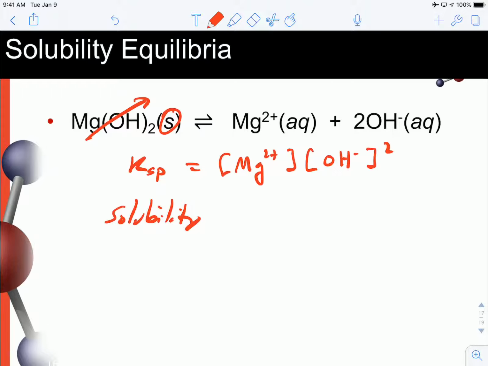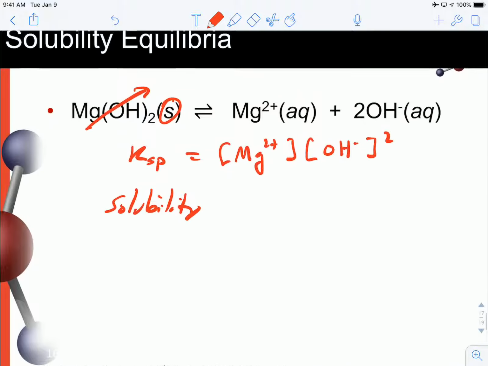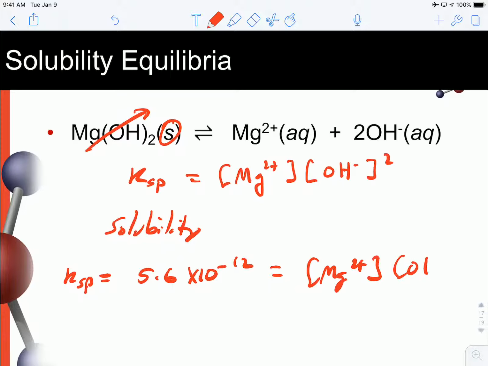So let's look at this. The expression here, this particular Ksp here is equal to 5.6 times 10 to the minus 12. We now know that is equal to the concentration of magnesium 2+ ions times the concentration of hydroxide ions.